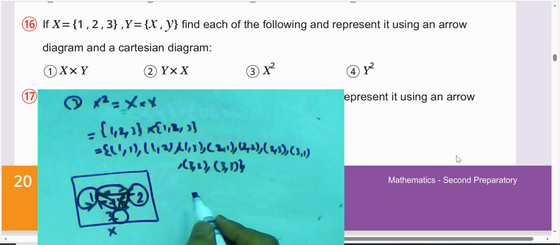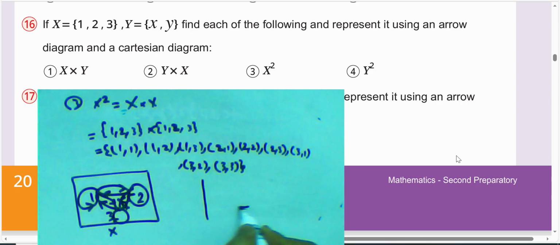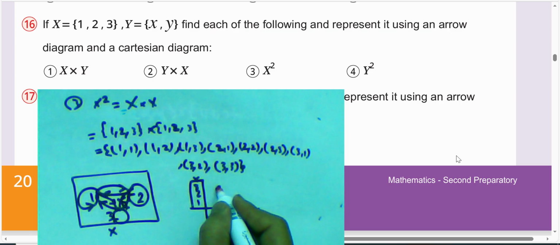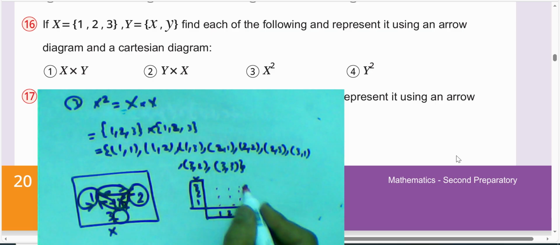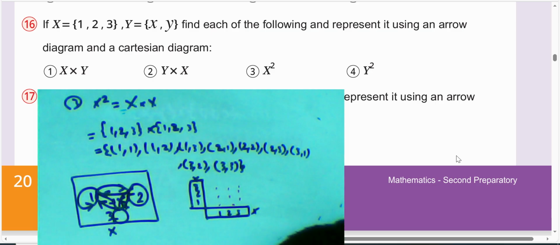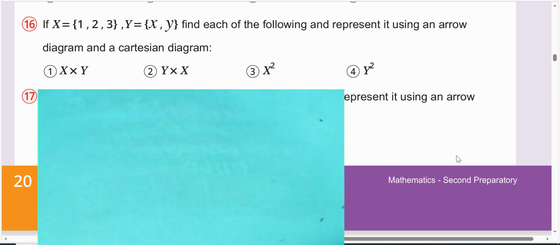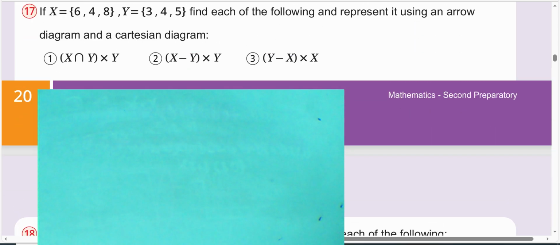And the Cartesian diagram you can draw here like this: two sets, x and x, write 1, 2, 3, 1, 2, 3, and then write the image in line, vertical line here to find the answer. Okay, you can complete y2.